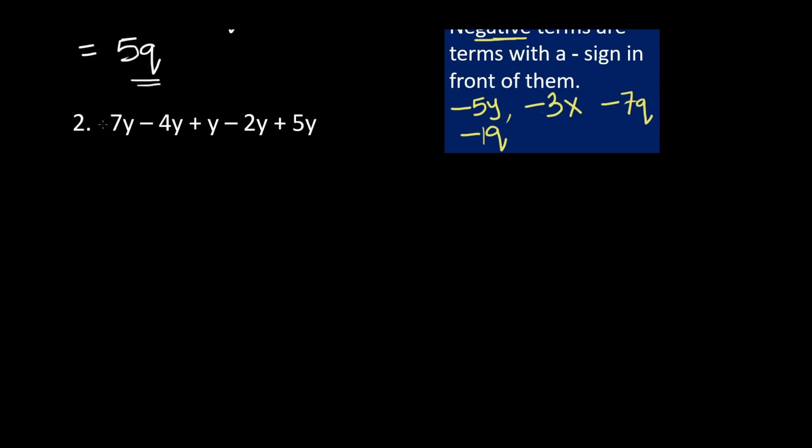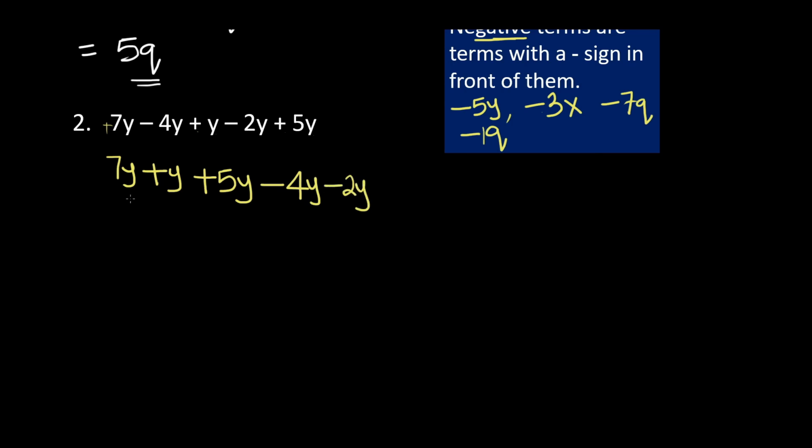There is an invisible plus or positive right here, so that means this is a positive term. 7y. Positive 5y is here. Also positive y is here. So I'll bring positive y, also positive 5y. Okay. You also have negative 4y right here. Bring it right here so that way you can group the negative terms together. And also negative 2y.